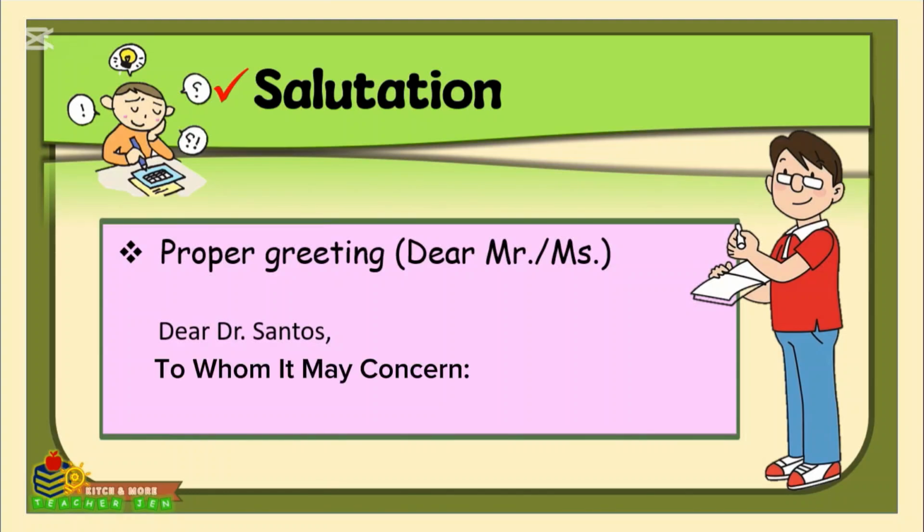This is used when you are unsure of the specific person who will read the letter, just like when you are submitting a request to an organization and you are not sure of the name of the specific person to whom you will send the letter of request. However, it is always better to find out the recipient's name if possible.